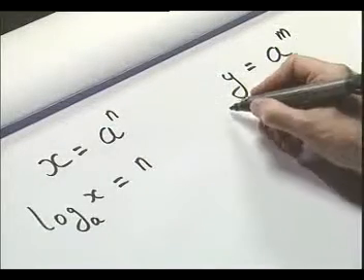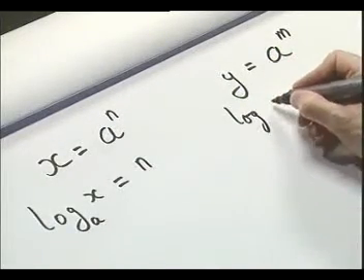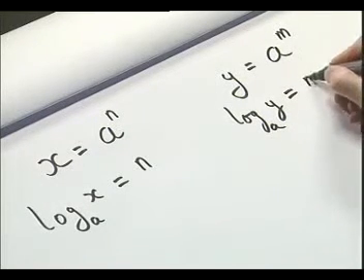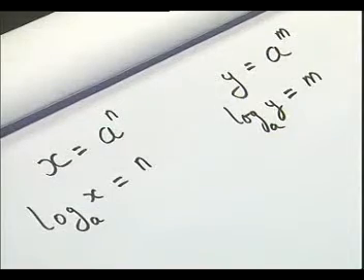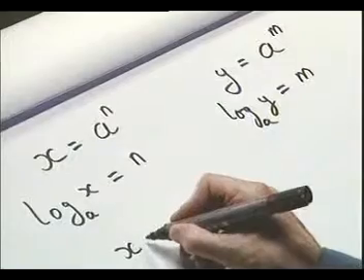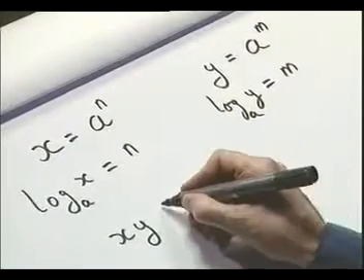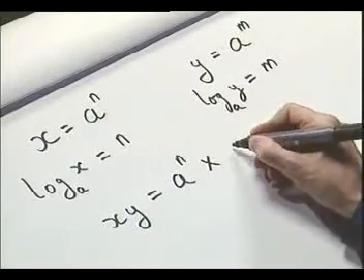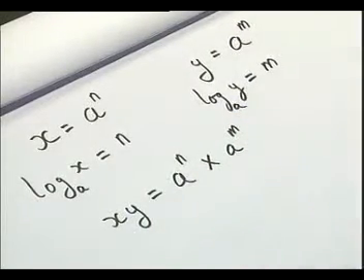And this statement is the equivalent of saying the log of y, also to base a, is equal to m. We want to multiply these two together. So x times y is a to the power n times a to the power m.